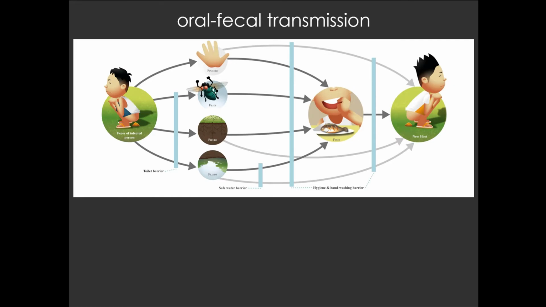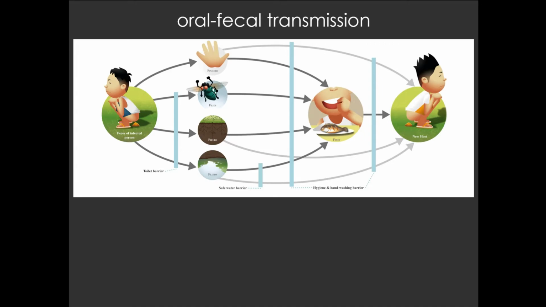disease. And one of the ways that microorganisms very commonly cause disease is through something called oral fecal transmission. So whenever you contract something by eating or drinking contaminated water, you have been inoculated with what likely came at some point from the feces or stool of an infected person or animal.